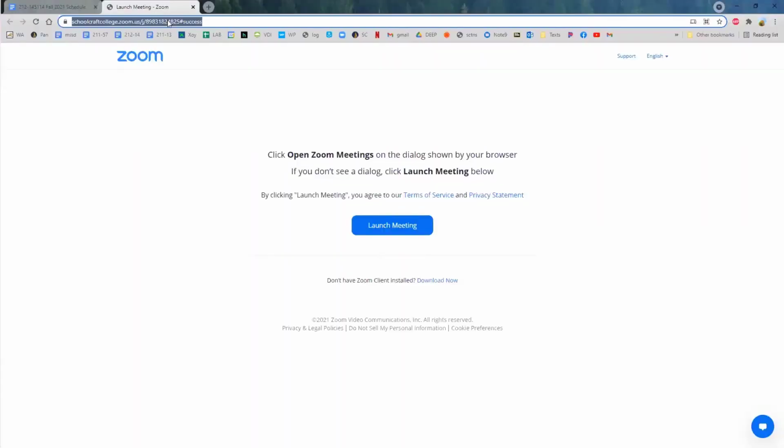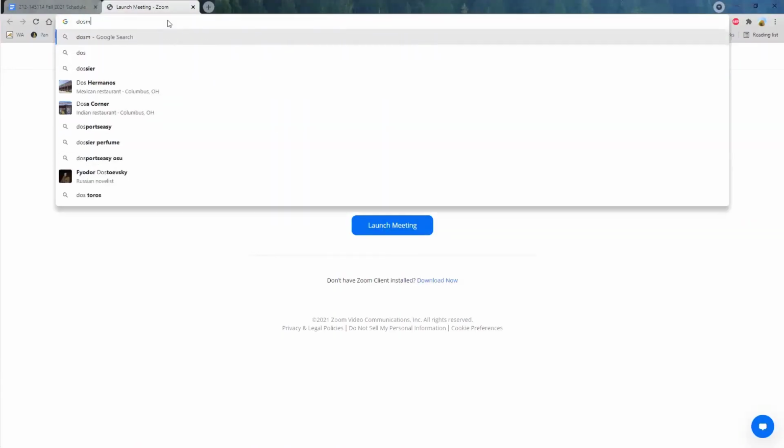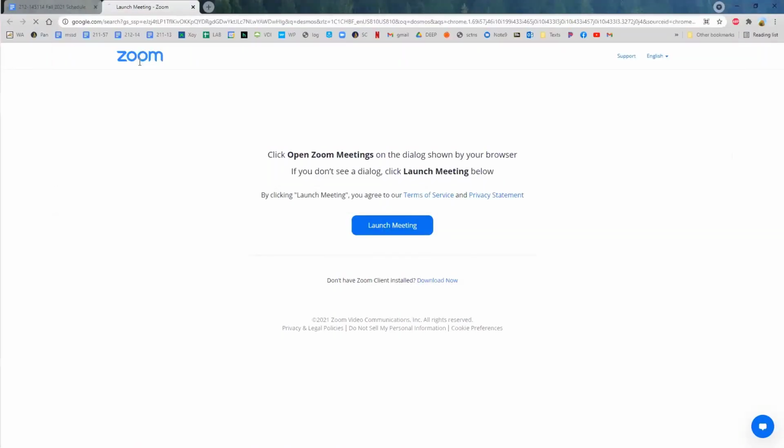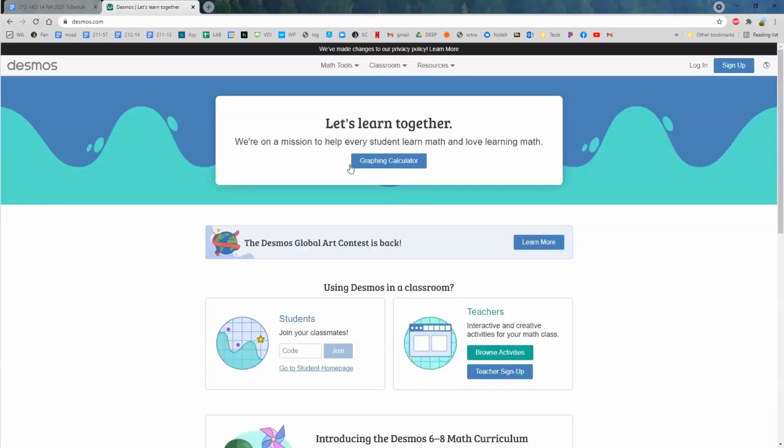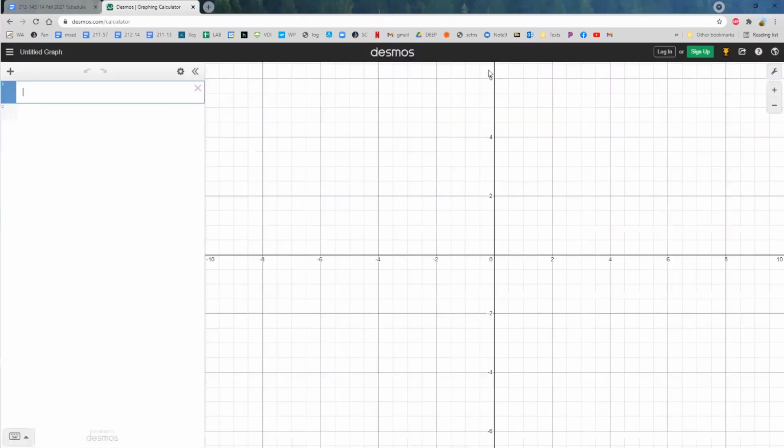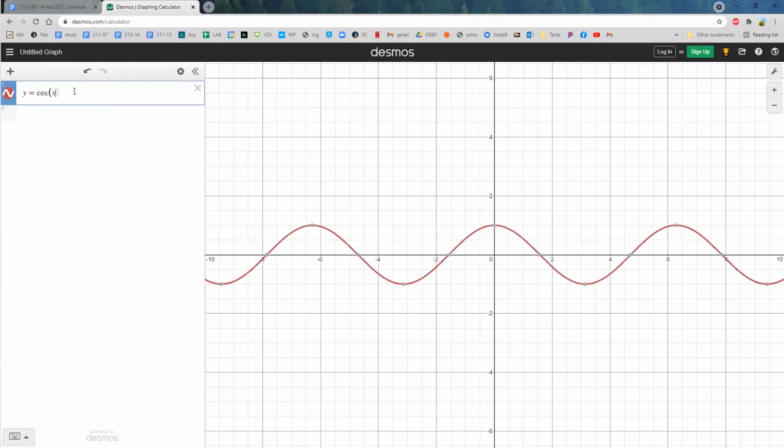So here's Desmos. Let me make sure I'm sharing. Here's my displacement function. Y equals cosine of x. Fine. Here's my velocity function.